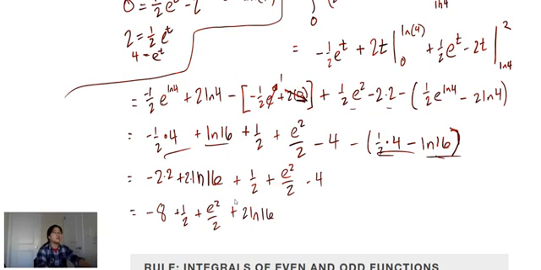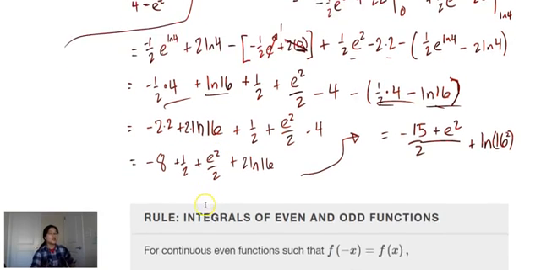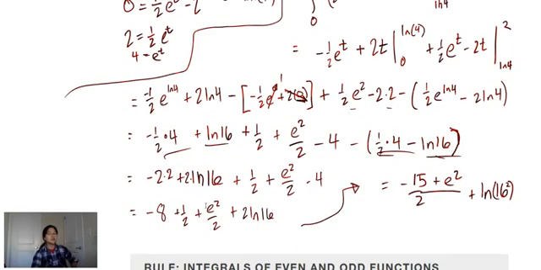Negative 8 is negative 16 plus 1 is negative 15 halves plus e squared plus natural log of 16 squared. Yeah, a number. Alright. Is it okay to leave a number like that? Heck yeah. It's more exact than trying to simplify it, but if you really want to, you can.